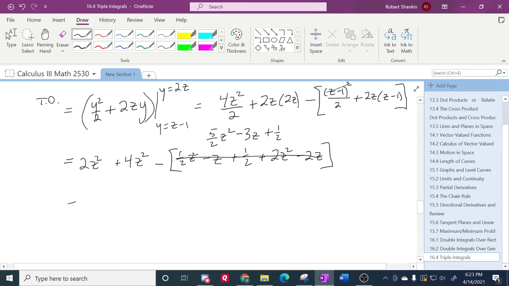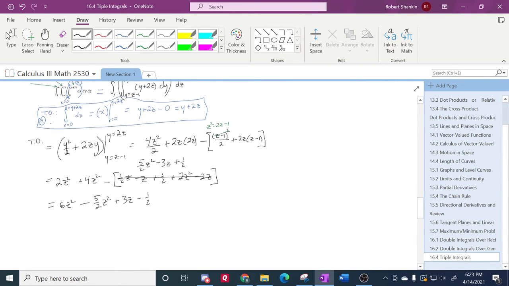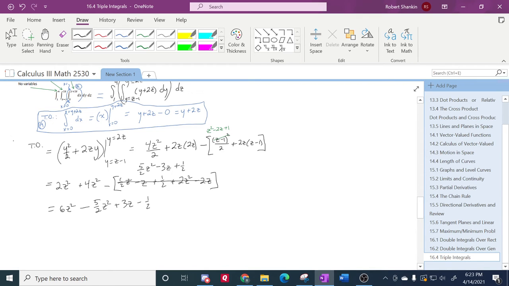Okay, so this equals 6z squared. Distribute the minus sign: minus 5/2 z squared plus 3z minus 1/2. All right, this, what's the timeout?